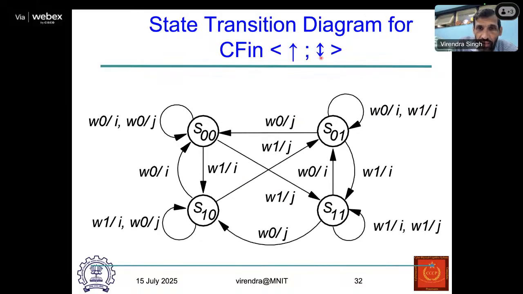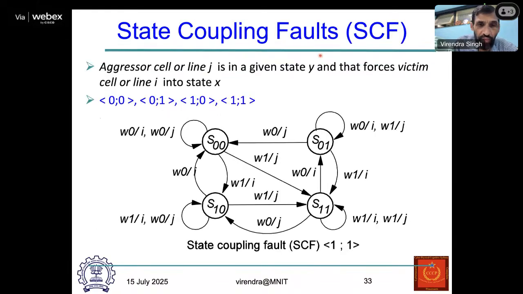That's how we are representing this. When there is a rising transition on the jth cell, there will be an inversion on the ith cell. That is the inversion type of coupling fault.